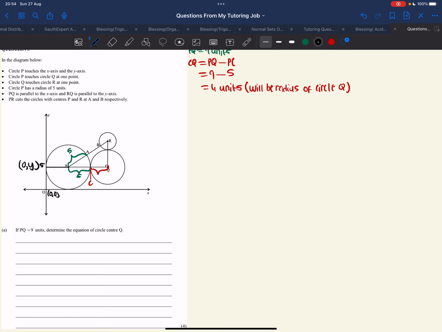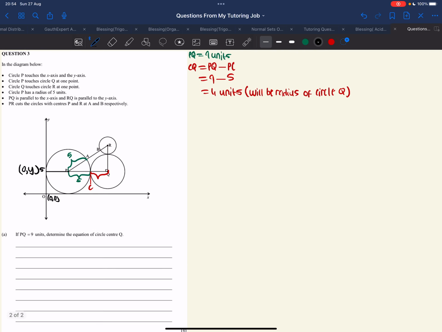So basically S will be the y-intercept for circle P. Now we are looking for the x coordinate for the circle with center P.